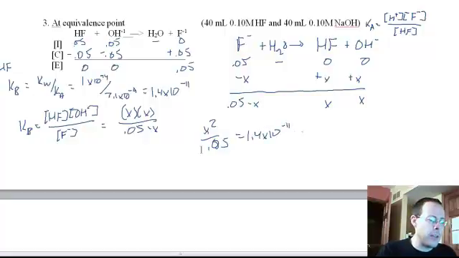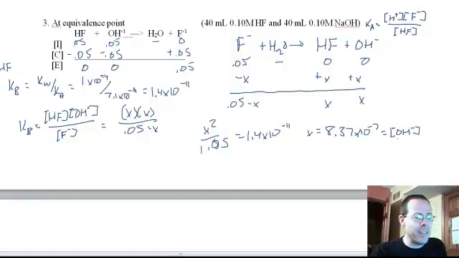And as we solve for X, we find that X equals 8.3 times 10 to the negative 7th. And again, X is our concentration of hydroxide, so don't forget that. If we take the negative log of this, it's going to give us pOH.